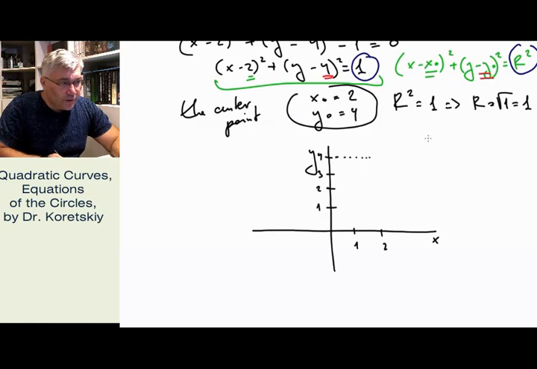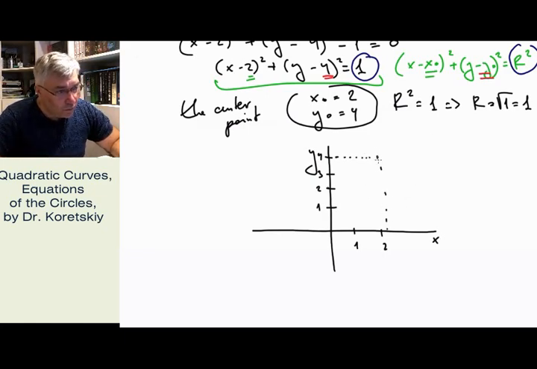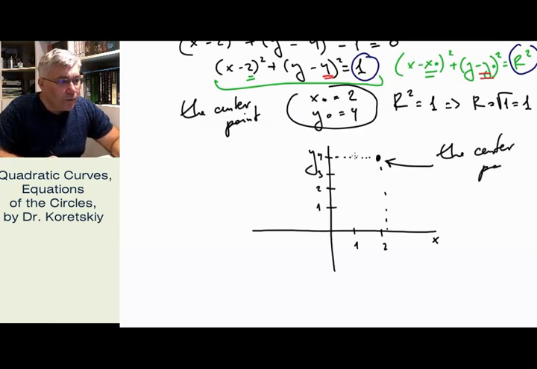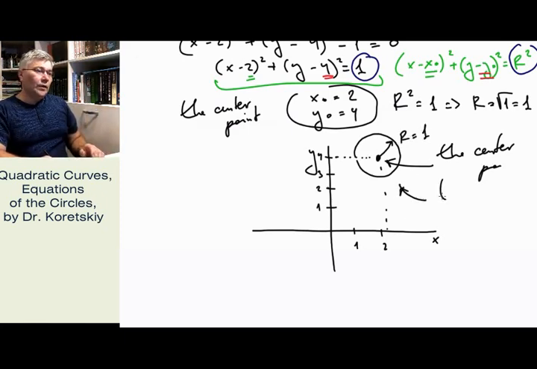So since 2, 4 is the center point here, and the radius of this circle is 1, this is radius equal 1. This is the given circle.